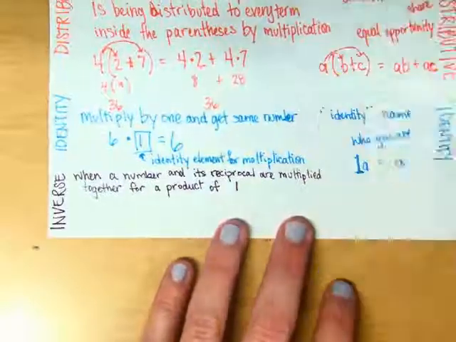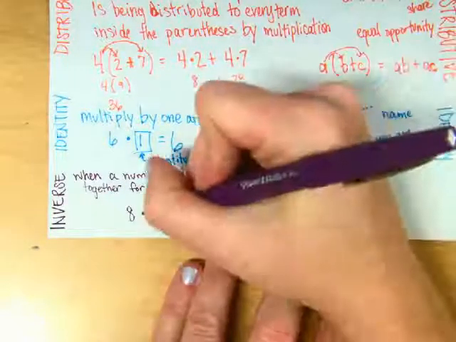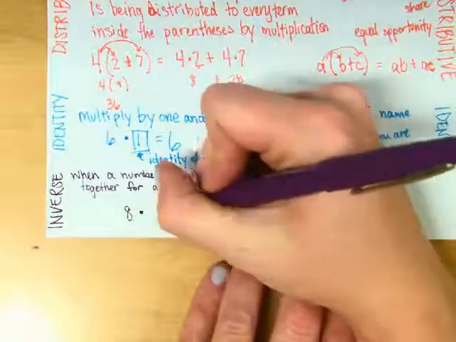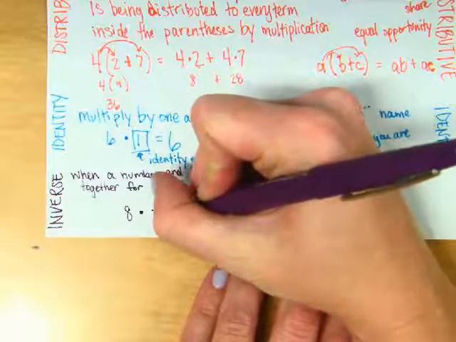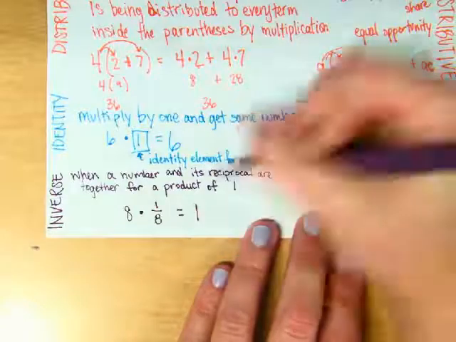So let's take an example. If I had the number 8 and I multiplied it by its reciprocal, which is going to be 1/8, if I multiply those together, I'm going to get a product of 1.